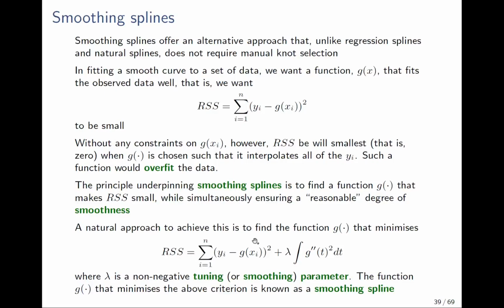We have the normal residual sum of squares as the first term, but then we have a second term that is essentially a penalty for overfitting the data, a penalty for things becoming too wiggly. This parameter here, lambda, is referred to as the tuning or smoothing parameter. It's non-negative. And the function that minimises the above criterion is known as a smoothing spline.